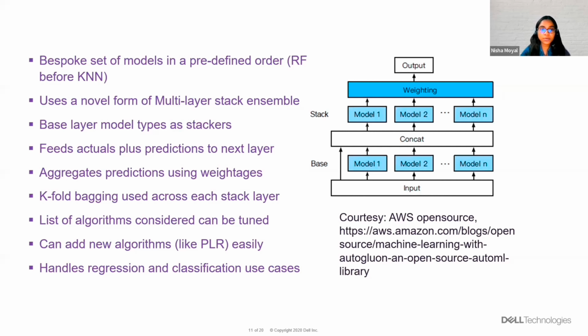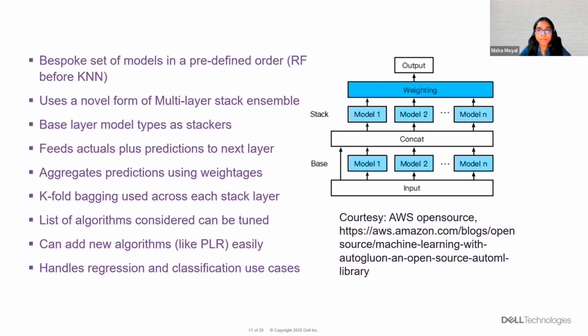The stacker models act as base models to an additional layer, which aggregates predictions using weights and gives the best outcome for our problem. AutoGluon further improves its stacking performance by utilizing all the available data, including training data and validation data, through k-fold ensemble bagging of all the models at each stack layer.